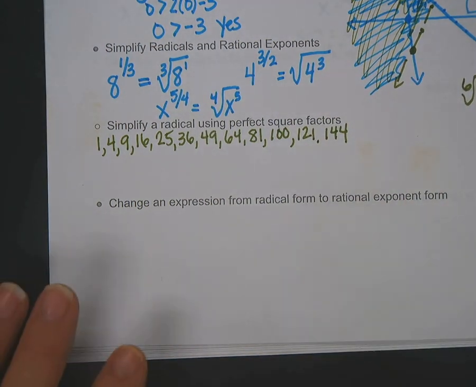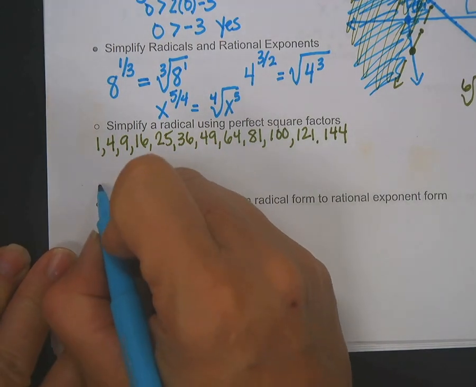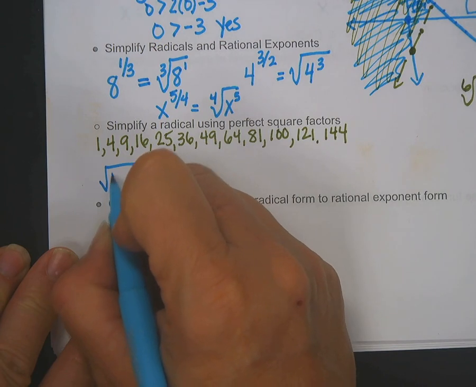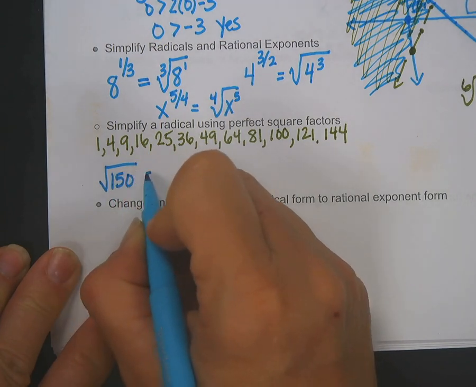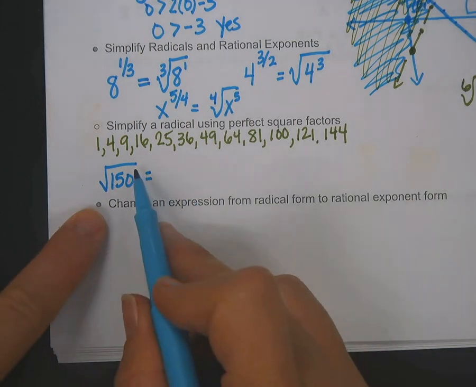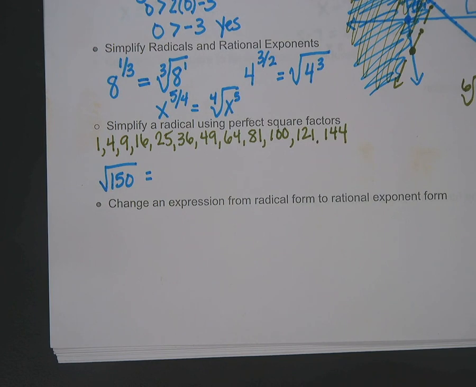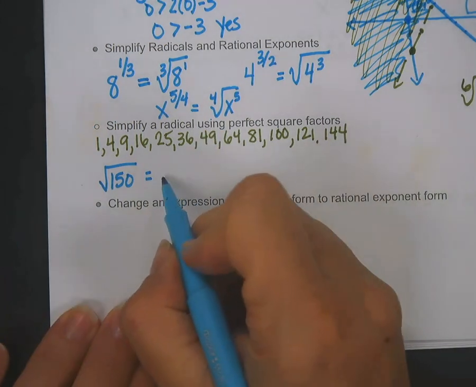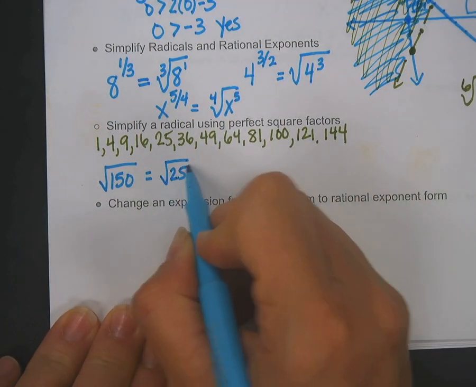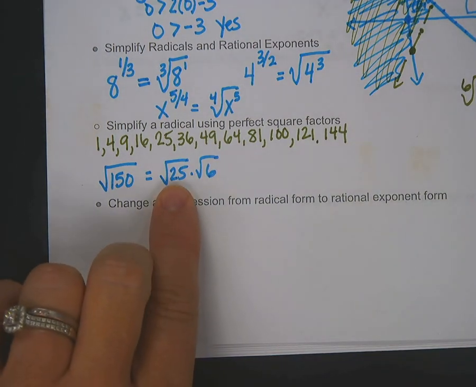We're going to take something like the square root of 150, and we're going to start going through and deciding which is the biggest number in this list that's a factor of 150, and I believe it's 25. So 150 is the same as 25 times 6. So we break it down here.